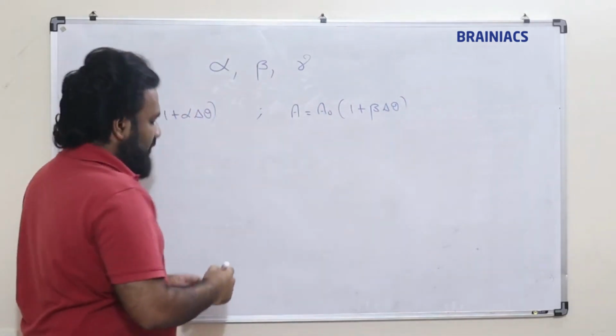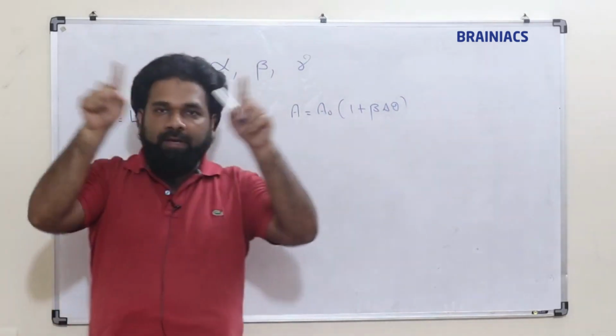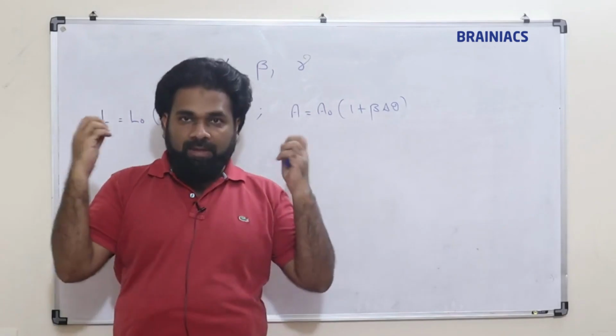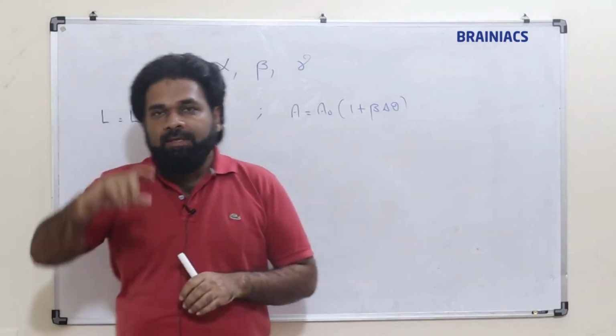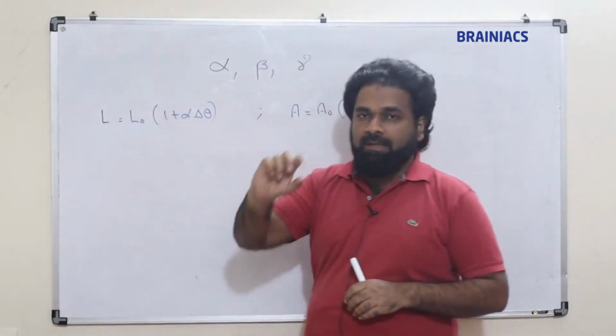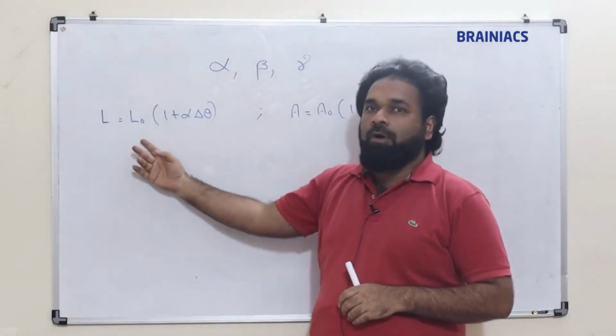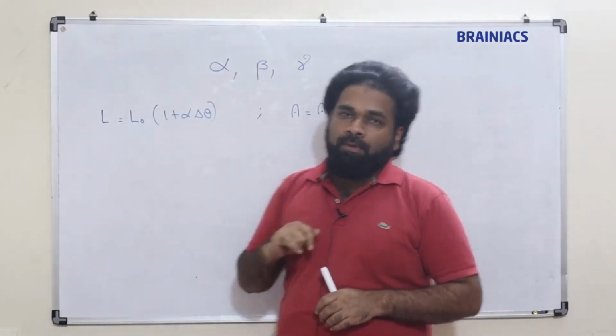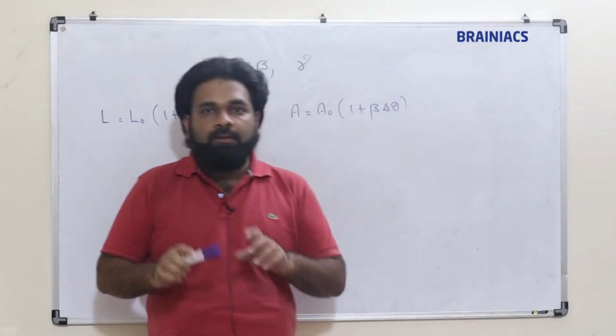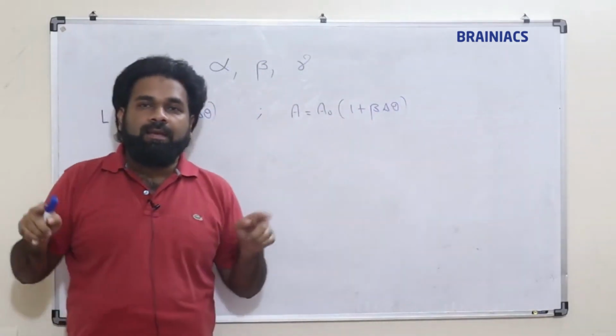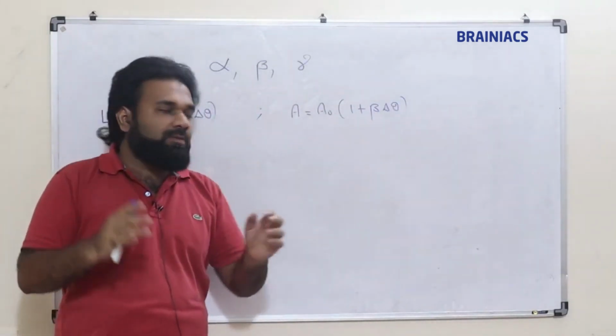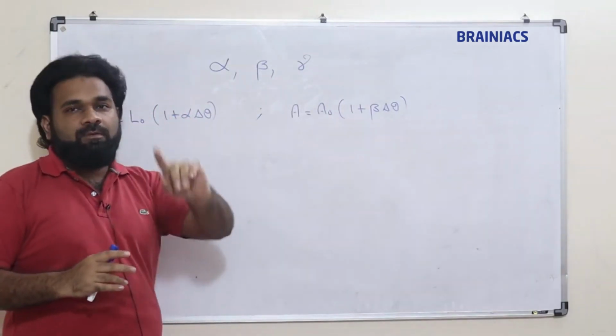If you take a square plate and increase its temperature, each side will change based on the linear formula, and the total area change will happen based on the area formula.